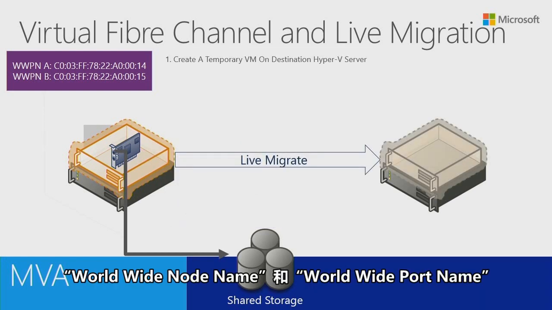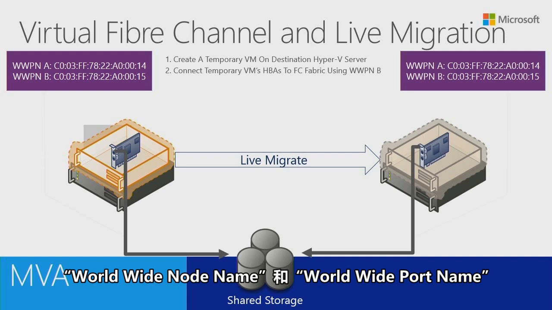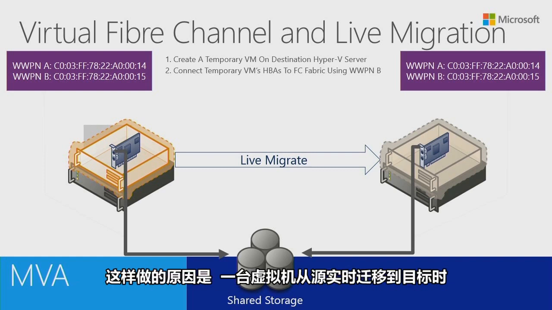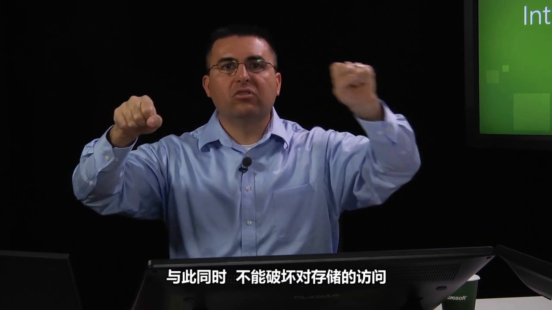So you're essentially provisioning a VM with two sets of worldwide node names and port names. The reason is that when a VM is live migrated from a source to the target, there's going to be a point where you have to transition that access, and you want to do it without breaking access to the storage.